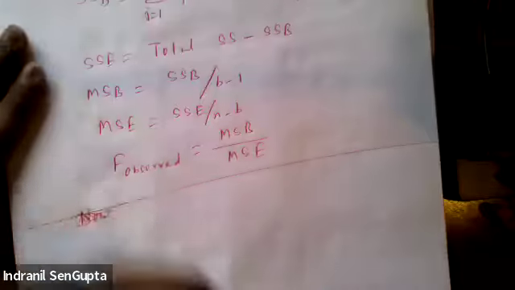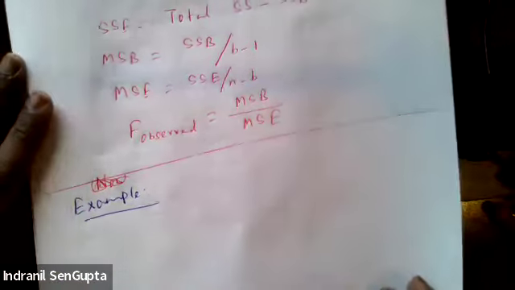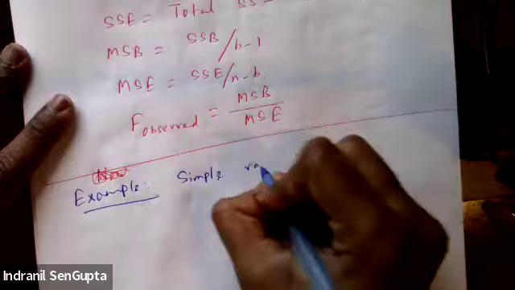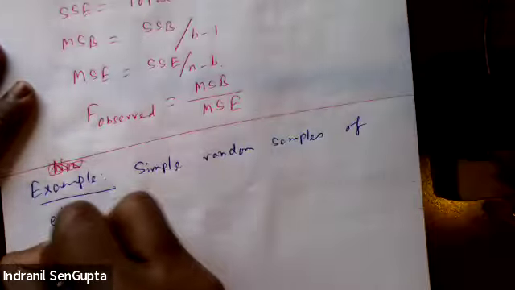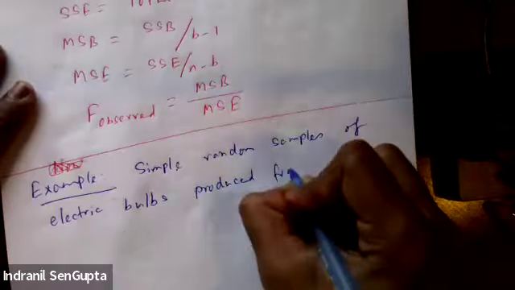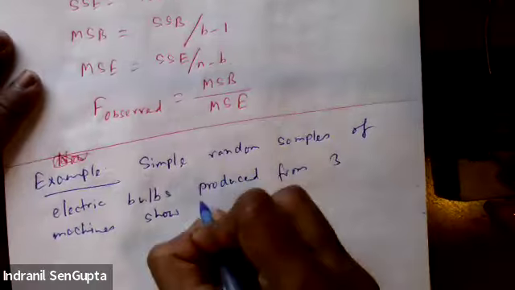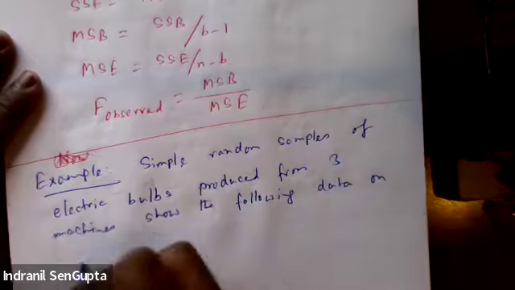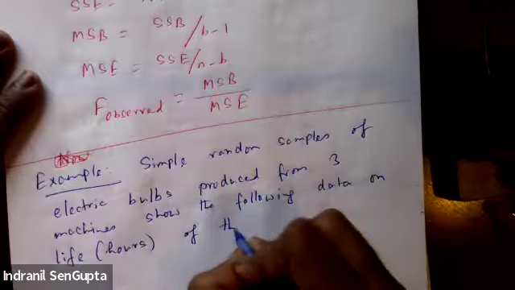Here is an example. Simple random samples of electric bulbs produced from 3 machines show the following data on life in hours of these bulbs.